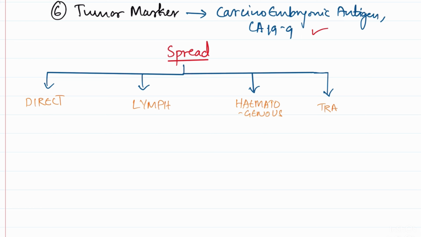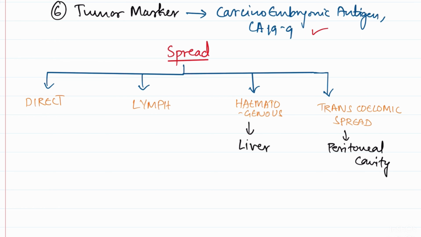In cases of GI cancers or female reproductive cancers, there is always a possibility of transcoelomic spread, where the cells can dislodge into the peritoneal cavity. So those are the four pathways of spread. When it comes to hematogenous spread, obviously the portal vein is involved, and the portal vein drains to the liver. So the most commonly involved organ is the liver.